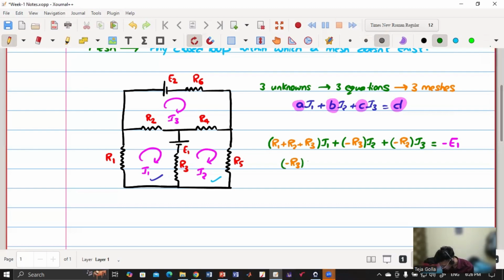Now the coefficient of I2 will be the sum of the resistances in the mesh M2. Let me highlight the mesh M2 for you. So the sum of the resistances in this mesh. Can someone tell me what the coefficient will be then?